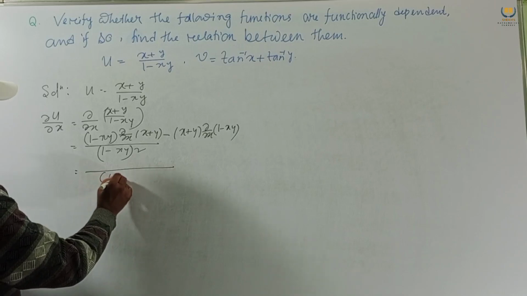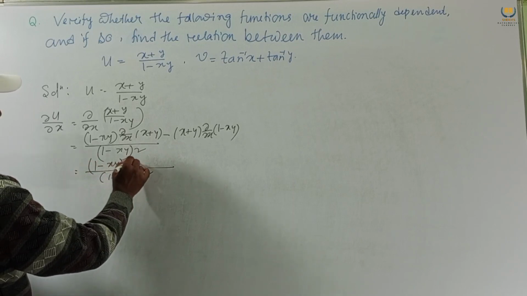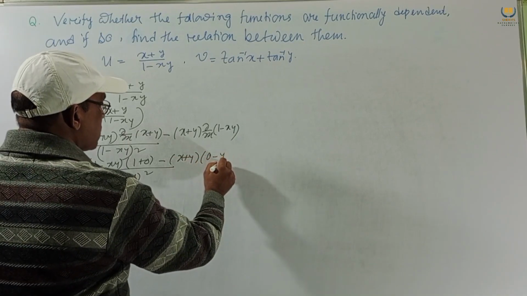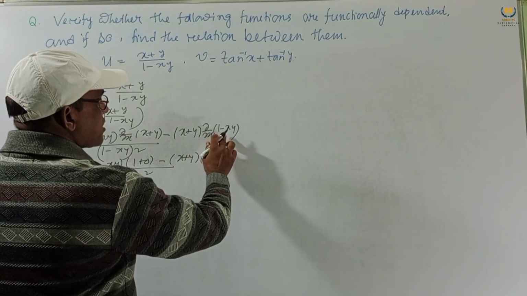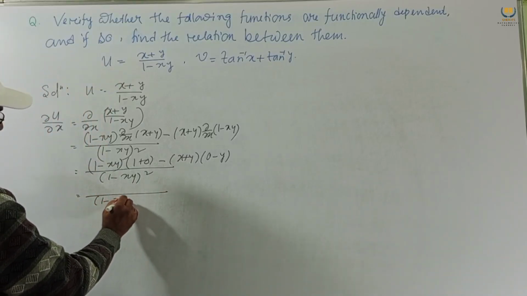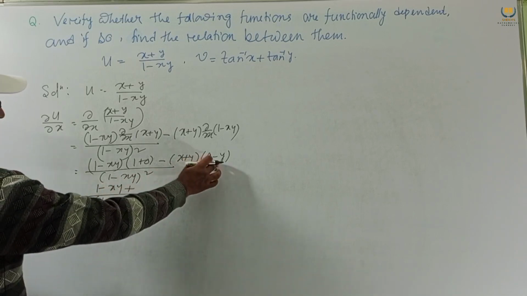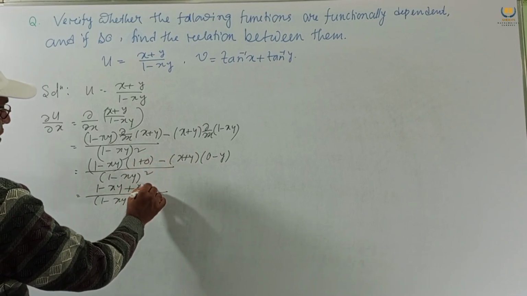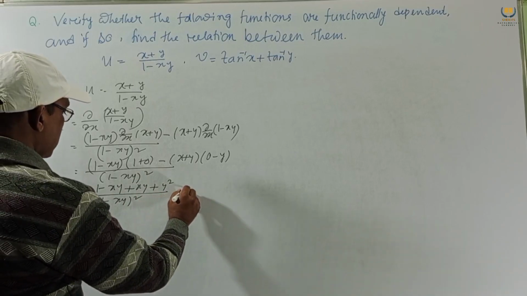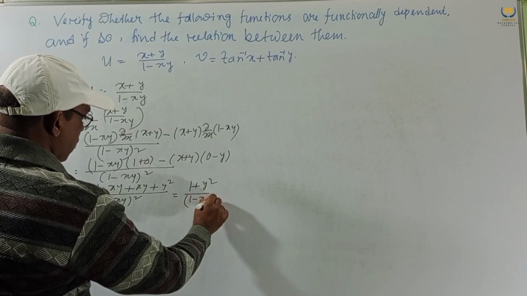And denominator remains same, this is 1 minus xy and this is 1 plus 0. x plus y, 0 minus y, because we differentiate partially with respect to x, y is constant, and this will be 1 minus xy whole square, 1 minus xy plus minus plus xy and plus y square. So ultimately we get 1 plus y square by 1 minus xy whole square.